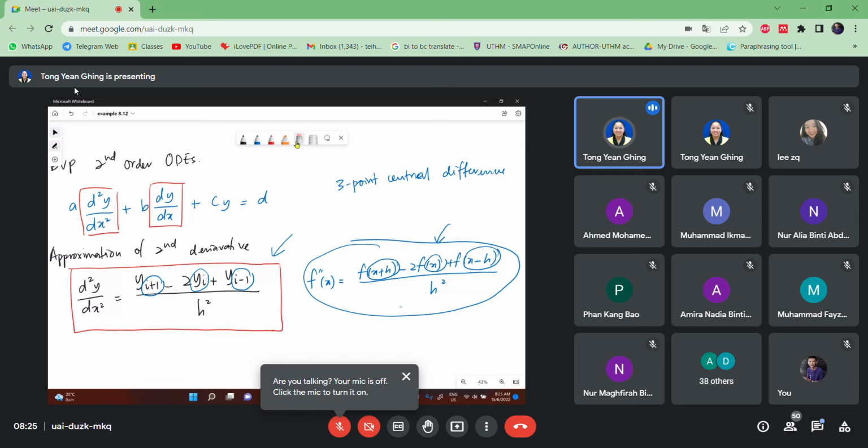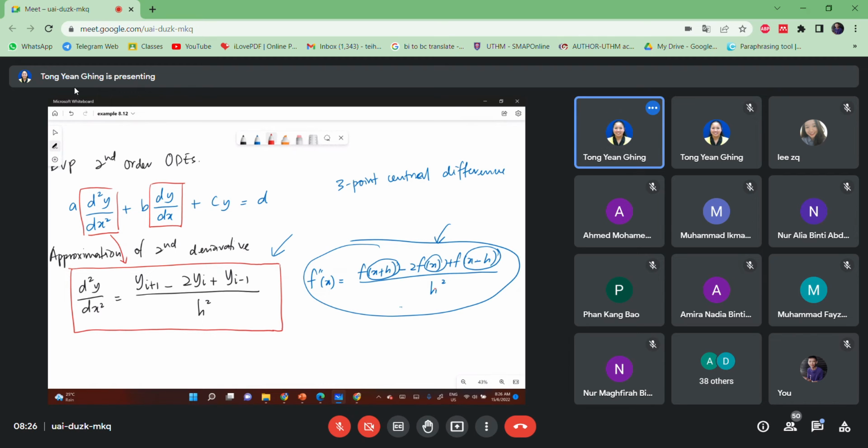So let me delete this one first. Okay, so this one is for the second derivative. That means I will have to change the second derivative d2y/dx2 to this form.